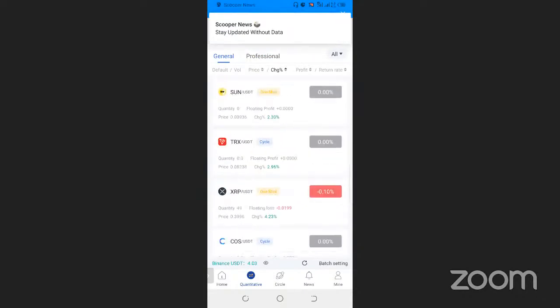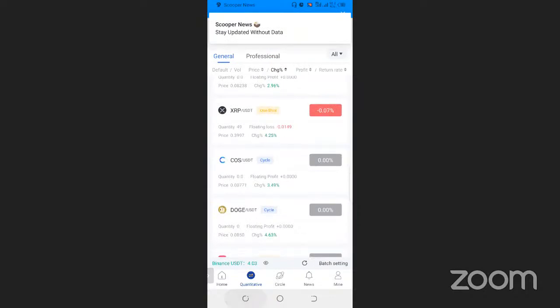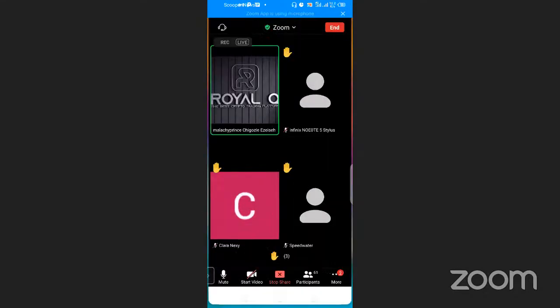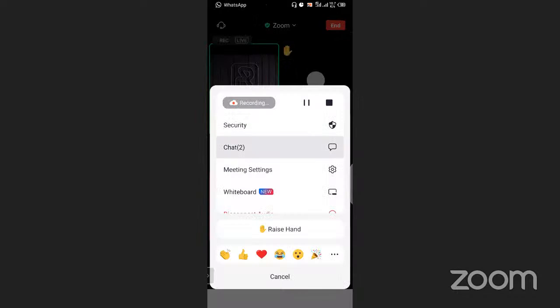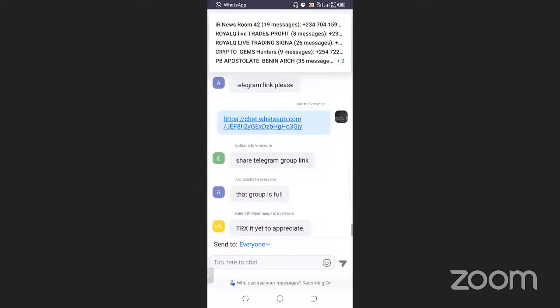We can't take any trade now. Let us just wait for any signal that we will drop in our group.